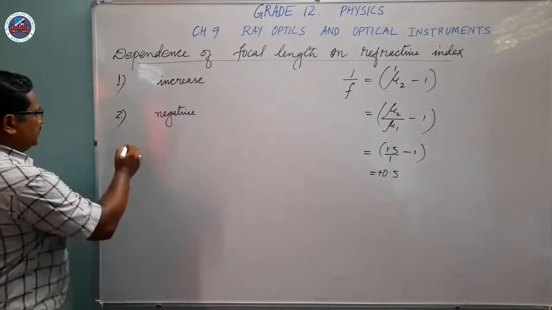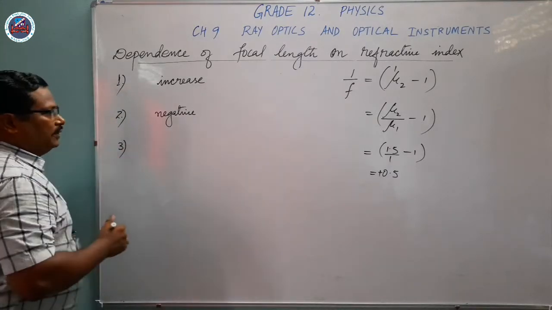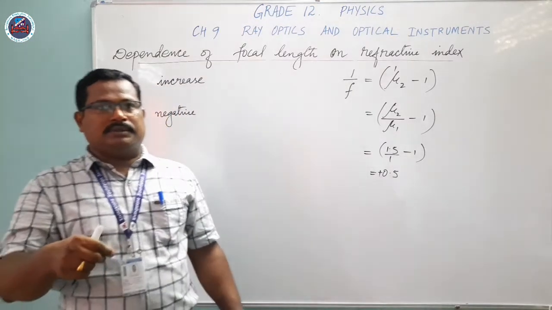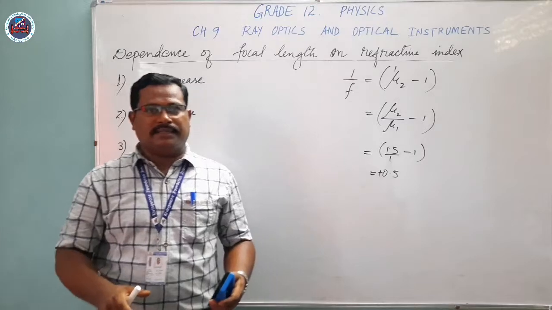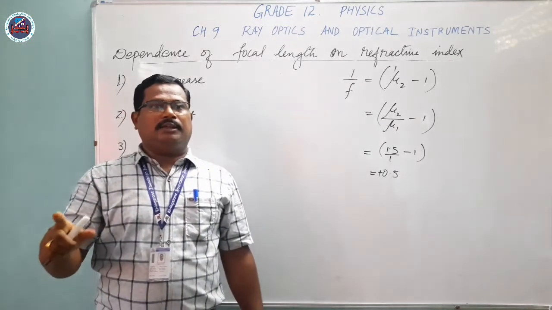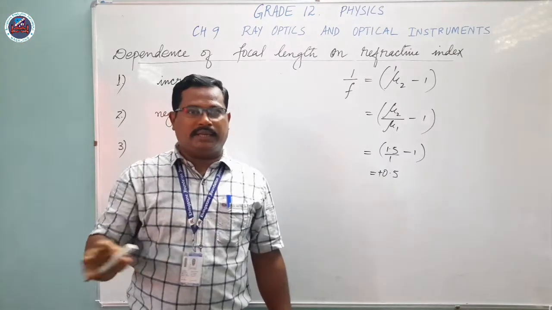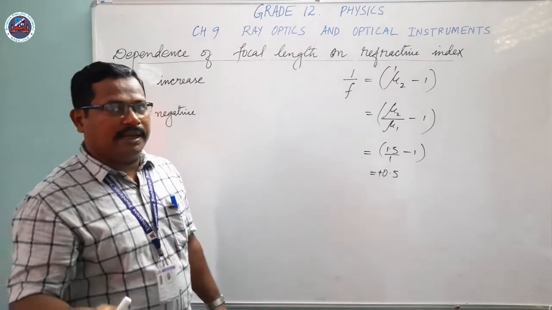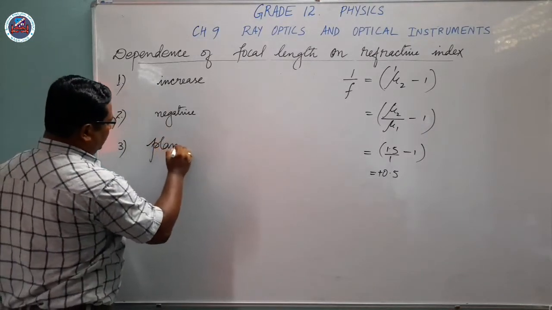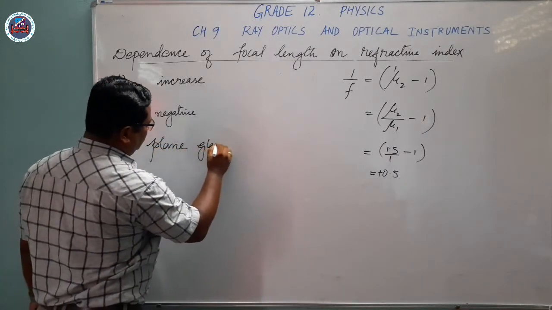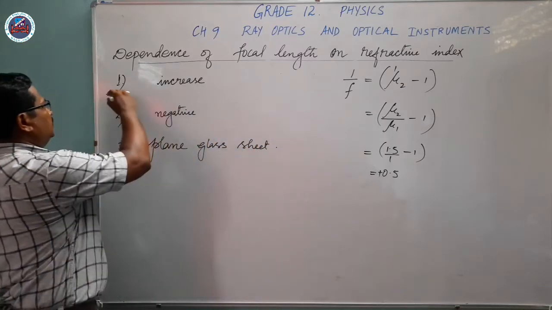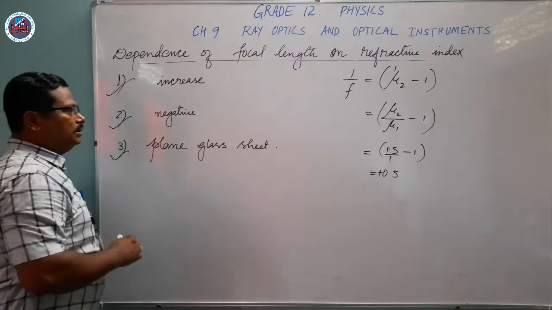Then in the third case, if the liquid that you are immersing the lens in has the same refractive index as the lens itself, then the lens will become invisible and it will act like a plain glass sheet. So these 3 points are a very important concept you need to know.